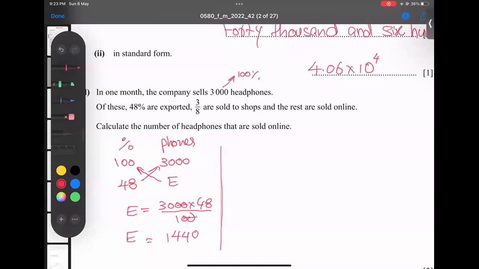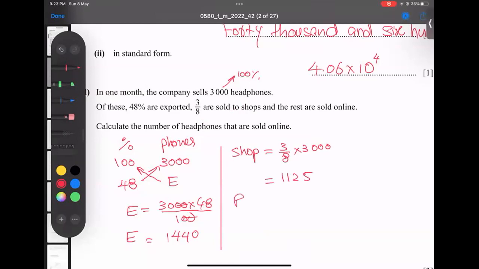After this, he's asking for 3/8 sold in shop. So sold in shop: how many? 3/8 times 3,000. If you check it, 3 divided by 8 times 3,000 gives us 1125. So 1125 sold in shop.